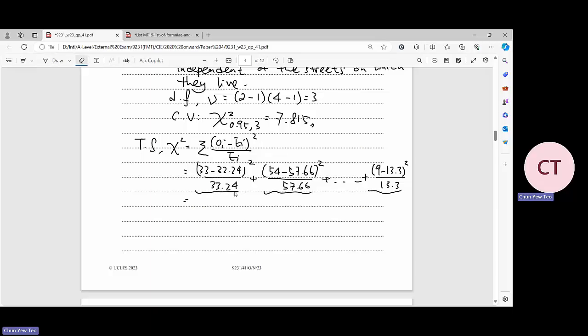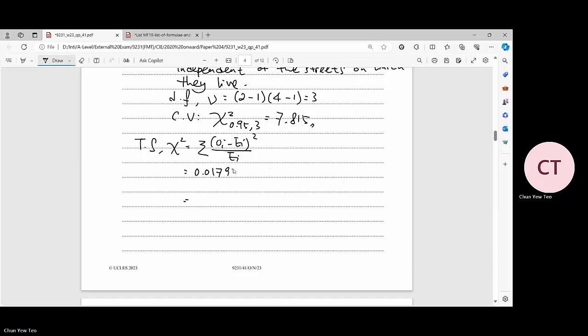Because of the space constraint, I will erase all this to give space for the result. In the exam, I will show this instead.